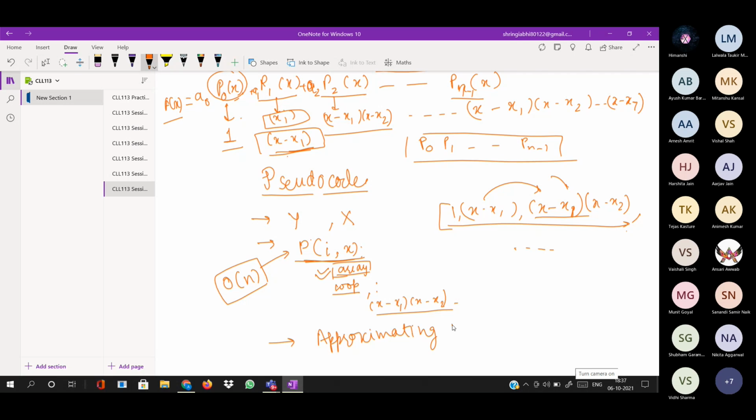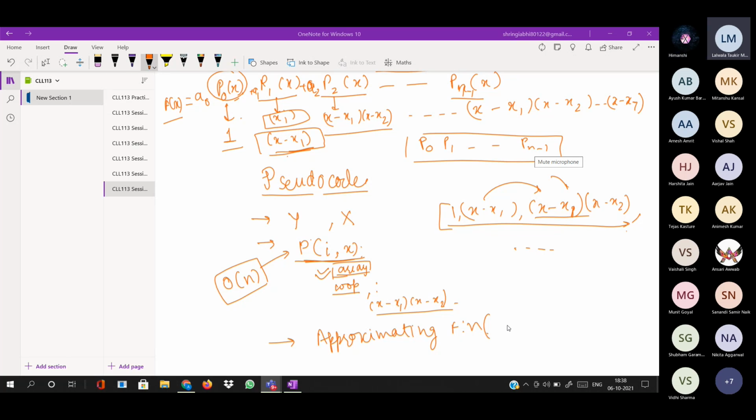What will be the approximating function? What will be the parameters that you will be passing in this? Anyone? Sir, the array, this P array, and all the coefficients.